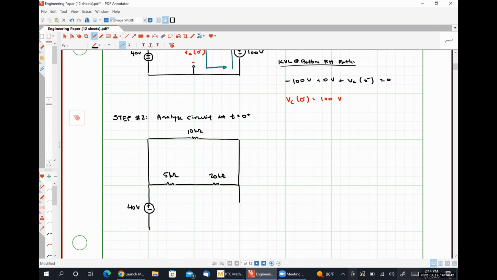On the right-hand side, we have our 100 volt source, like so. And in the middle, we are going to replace our capacitor with a voltage source that has the same polarity as VC at 0 minus, as well as the same value.